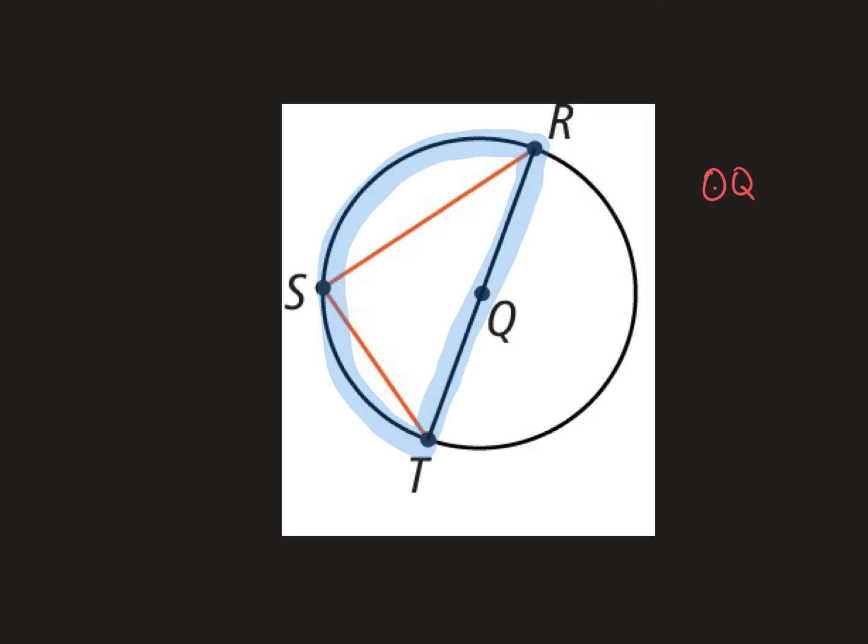It's half the circle. If we have an angle that is inscribed inside of a semicircle, meaning that its intercepted arc is half of a circle, so here's the other half of the circle, then that is always half of 180 or 90 degrees. This is a right angle. So if an angle is inscribed in a semicircle, the angle's measure is 90 degrees.